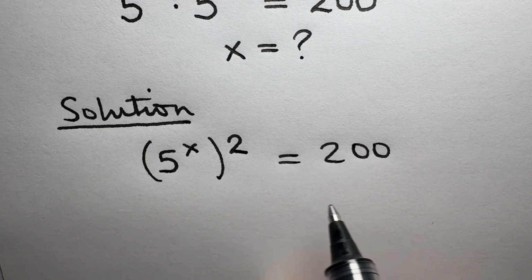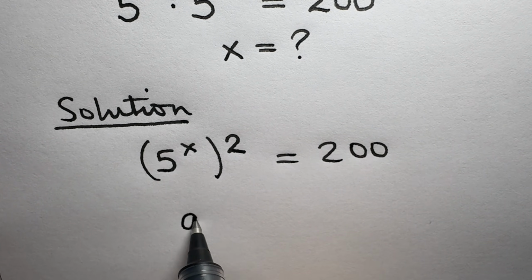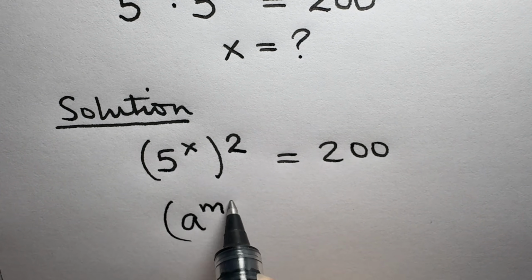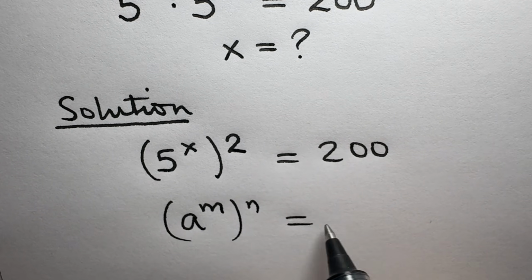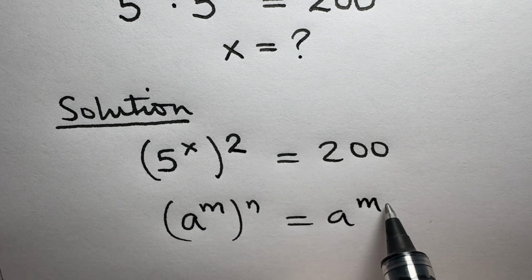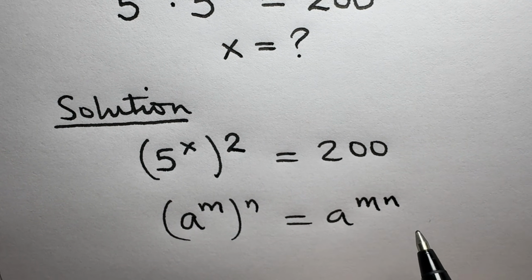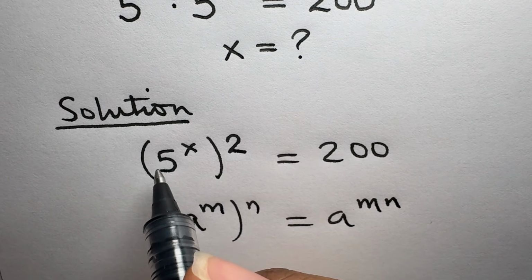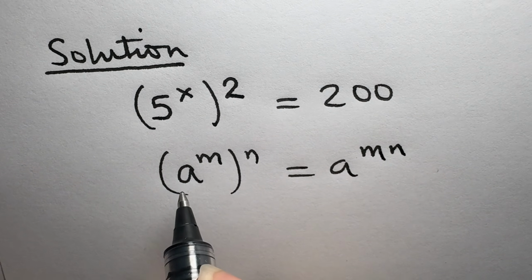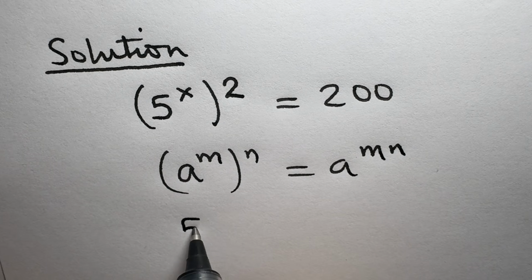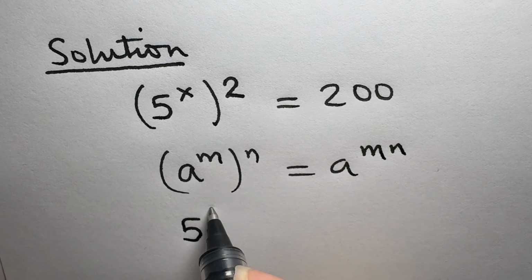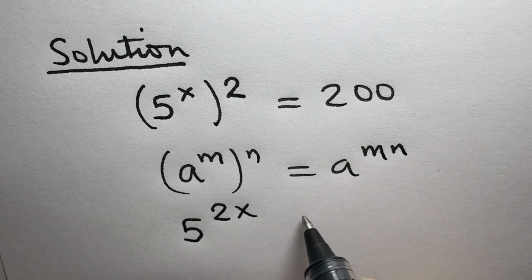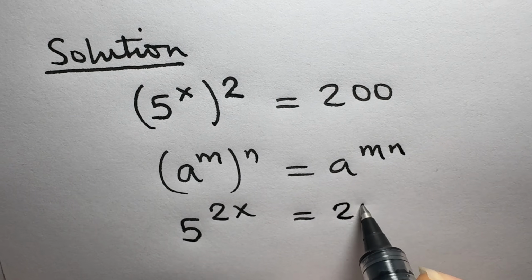By indices, using (a^m)^n is equal to a^(m times n), this becomes 5 raised to power x times 2, which is 2x, is equal to 200.